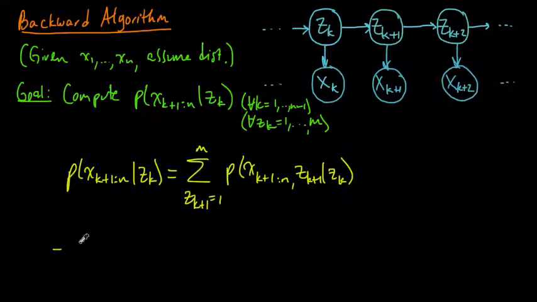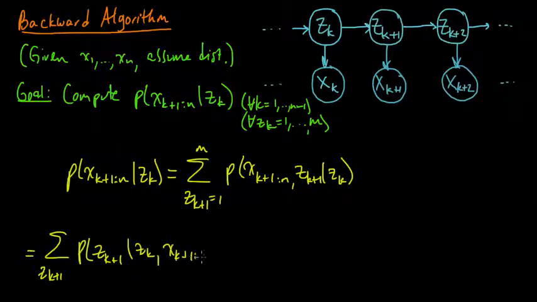Now let's see if we can make a little more space. This might be a long line here. Summing over all those, let's try to factor this the way that we talked about. So first we want to get this transition probability here. So that's going to be something like the probability of zk plus 1 given zk, xk plus 1 to n.